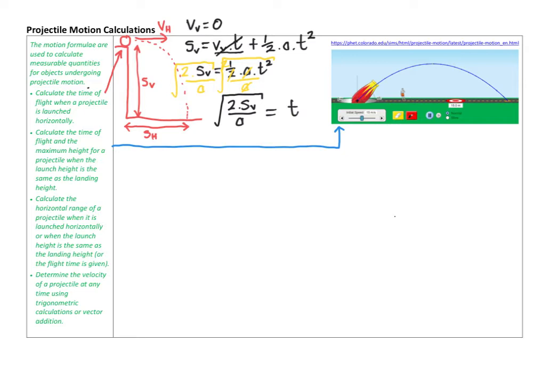So in this case here, what we need to think about is, let's draw on this diagram. We're initially launching this here, so that's our initial velocity.